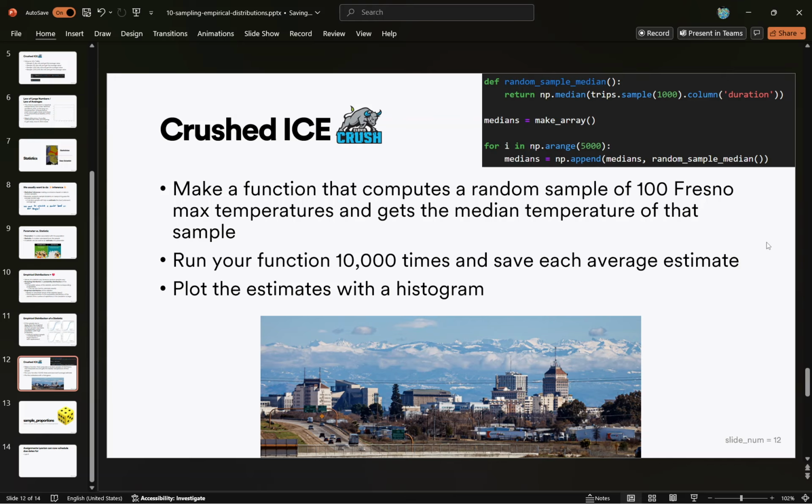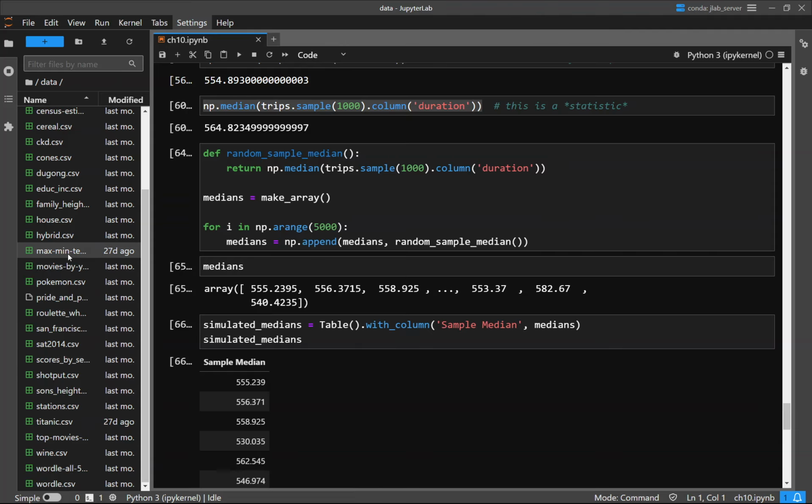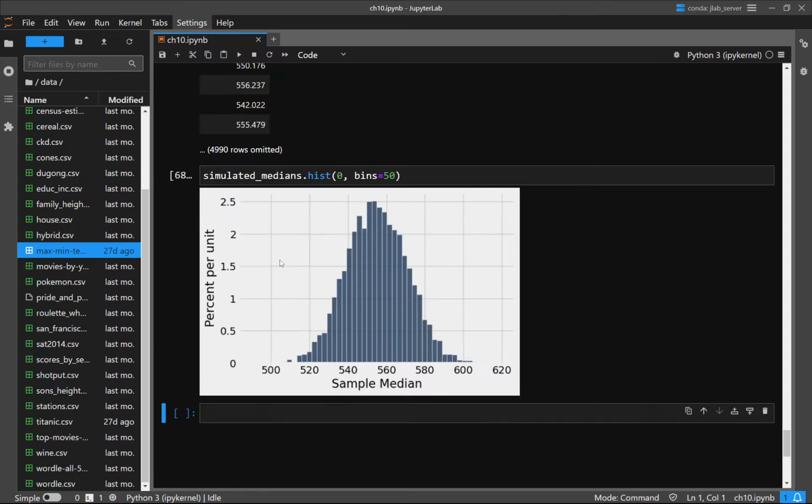I'd like you to make a function that does a sample of, let's say, 100 max temperatures of days in Fresno. All right, so that's going to be this table. Go and get that, please. I think it starts with max min temperatures, Fresno. So go find that. Let me read that in for us so that I can just show it to you real quick.